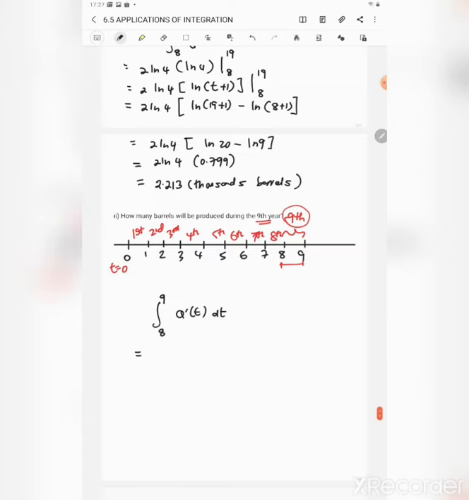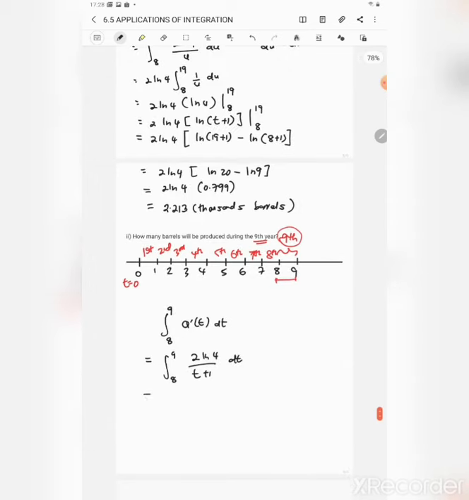This is how we find the limit. Some students are confused about how to find the limit, so this is the method. I hope you understand. Then for Q prime t, we have 2 ln 4 divided by t plus 1 dt. We can use the function from answer 1 after we integrate, in terms of t. So 2 ln 4, in brackets ln of t plus 1 for the limit 8 to 9.